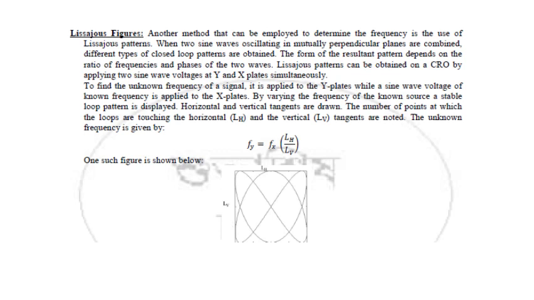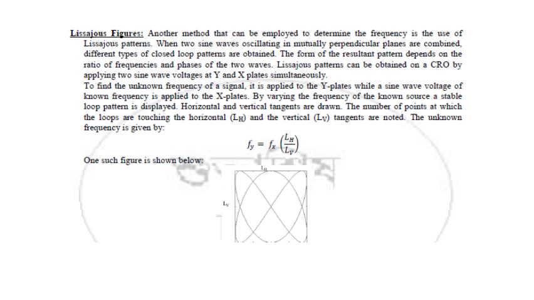The principle is, when two sine waves oscillating in mutually perpendicular planes are combined, different types of closed loop patterns are obtained, and the form of resultant pattern depends on the ratio of frequencies and phase of the two waves. The Lissajous figure can be obtained by a CRO by applying two sine waves at y and x plane simultaneously. We apply two sine waves, and we can find unknown frequency of a signal if one frequency is known.